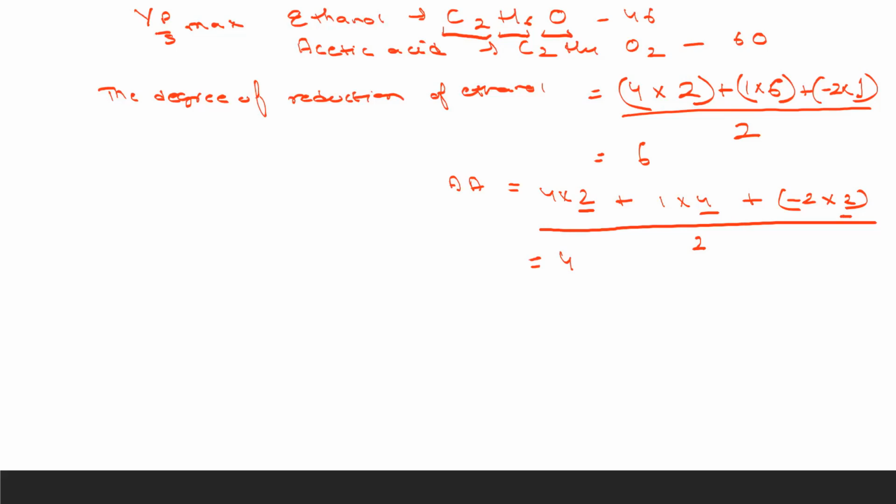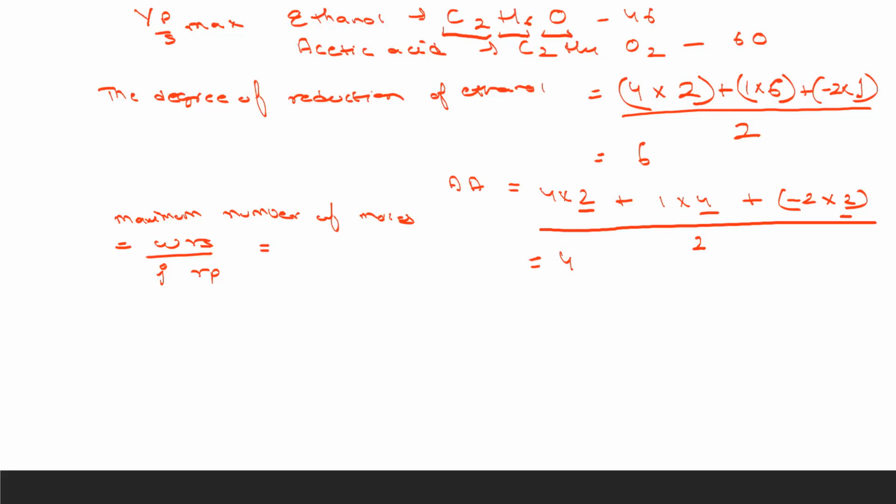So, the maximum number of moles is given by the formula WRS by JRP, where W is the number of moles of the substrate in the balanced equation, and J is the number of moles of the product in the balanced equation. RS is the degree of reduction of the substrate.